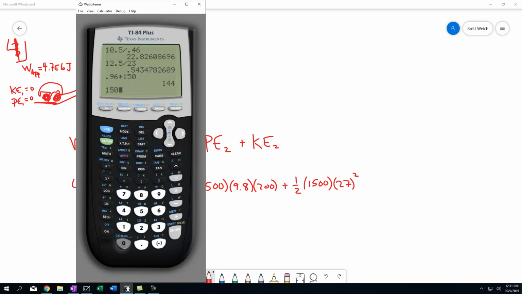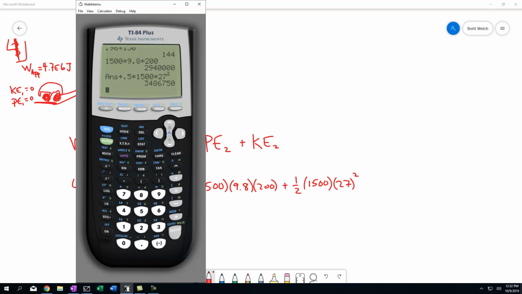1,500 times 9.8 times 200 plus, I get to add the kinetic energy, 0.5 times 1,500 times 27 squared is 3,486,750.